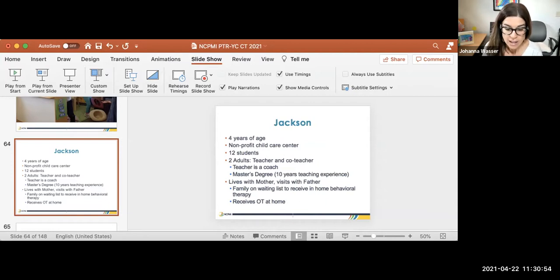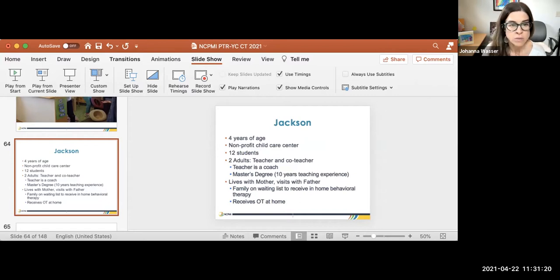And so she had a lot of experience. And the little boy was not receiving services in the school. He wasn't identified, but there was suspicion that he may be on the autism spectrum, but again, was not identified.